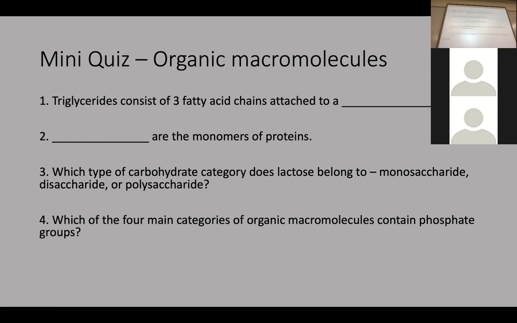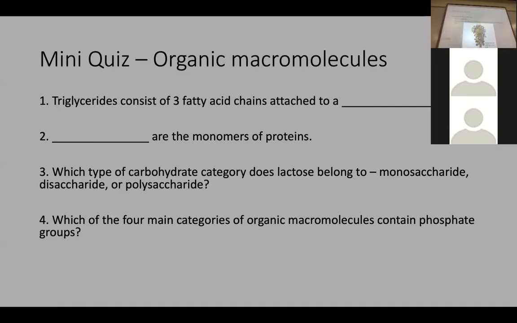Yeah, nucleic acid contains one or more phosphate groups. And then what else? Lipids? Anyone? I'm blanking. I want to say proteins. Let's go see. Why am I blanking on this?